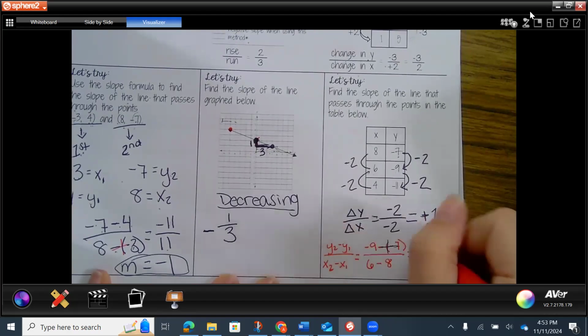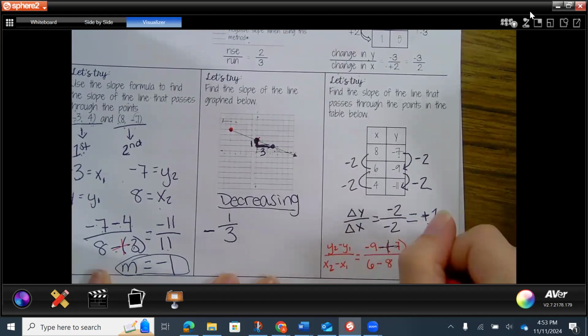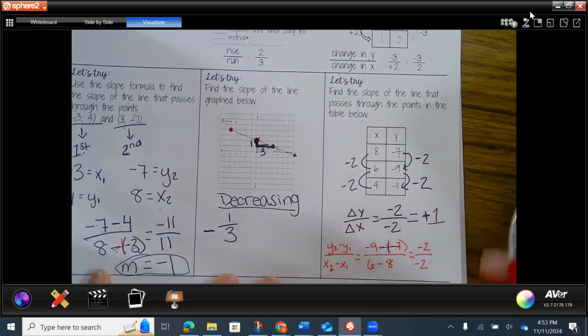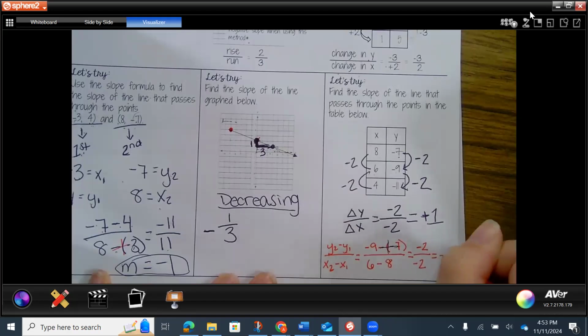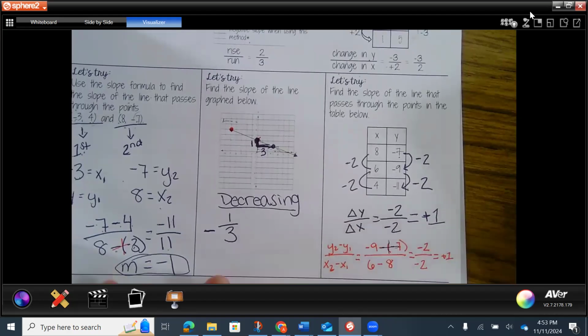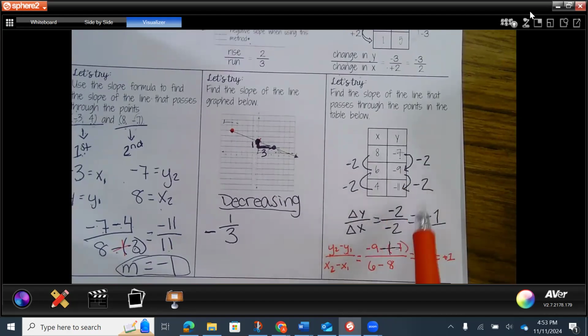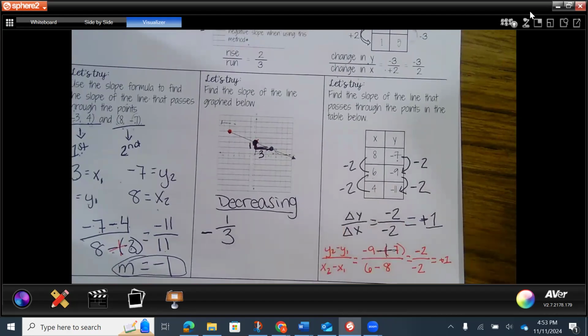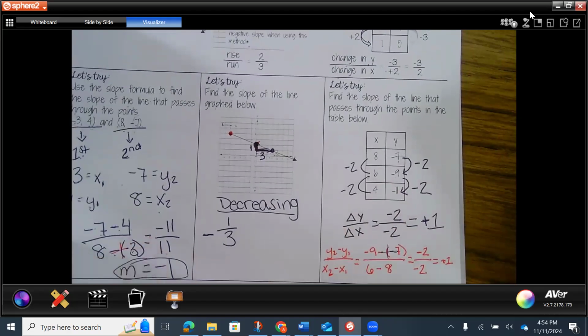So -9 plus 7 gives me -2. 6 minus 8 also gives me -2, which is the same thing that we got above, which equals +1. Okay, so if the table is nice enough to do it like this, you can just do the change in y divided by the change in x. Really, the table is just a visual version of the slope formula.